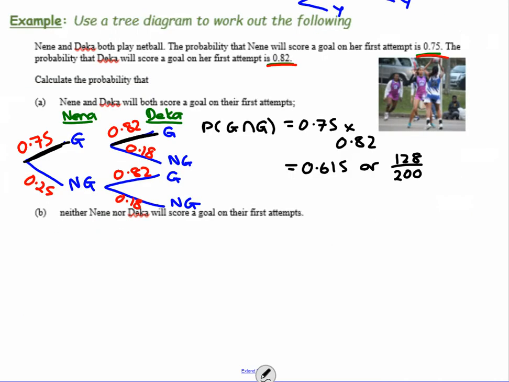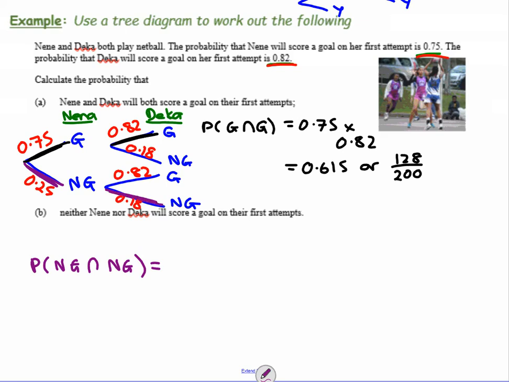What's the probability that neither Nina or Dika will score a goal on their first attempts? So we want to know what's the probability of not goal and not goal. So probability of not goal for Nina and not goal for Dika.